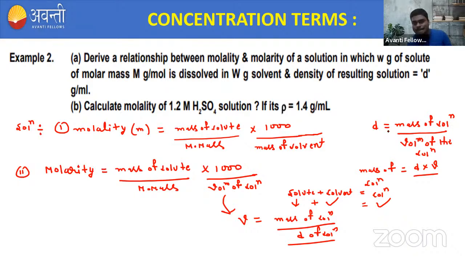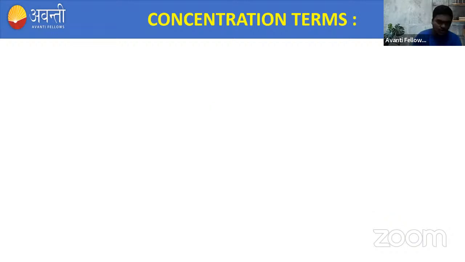Okay. Done. Good. Now, we have one important relation as well. So this is the best way: use the formula for density and just put the values. You can calculate this. One another shortcut trick to just put the values and get the value for the molality.